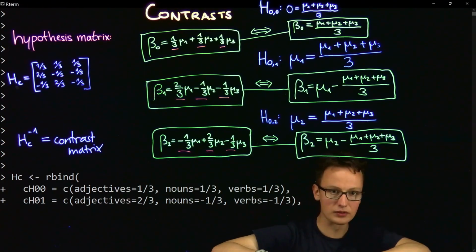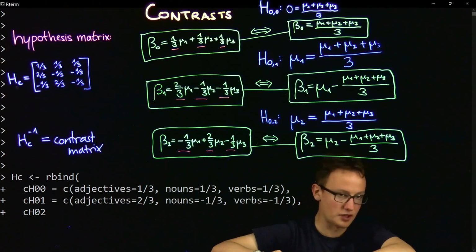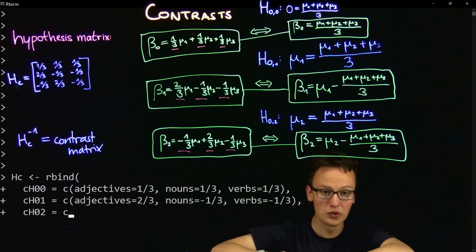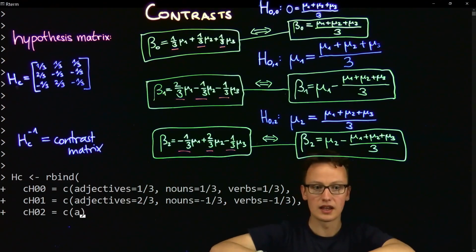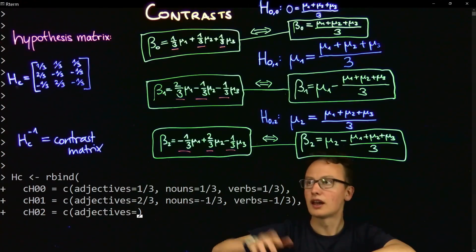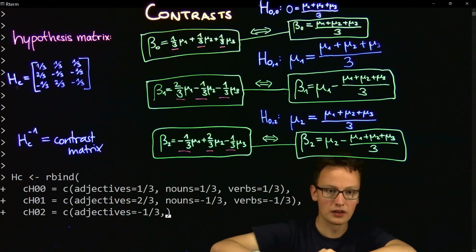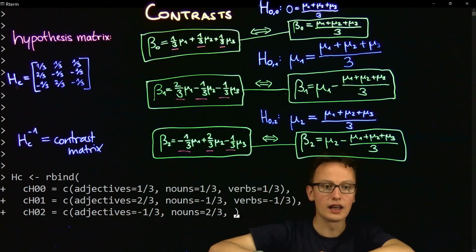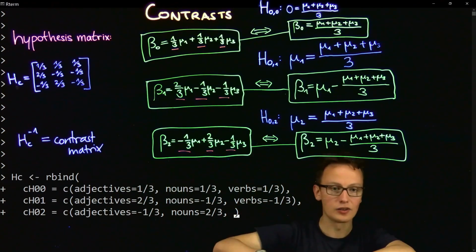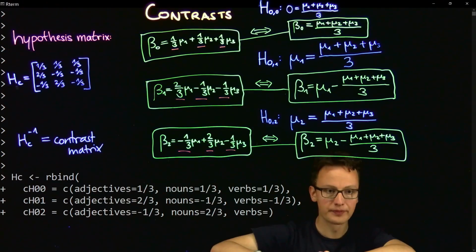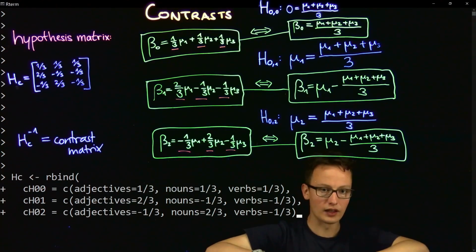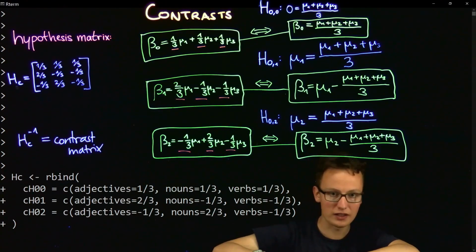And the last row would then be, by analogy, H02, where adjectives get the value minus 1/3, nouns get the value 2/3, and verbs get the value minus 1/3 again. And we can close the bracket here and create this matrix.